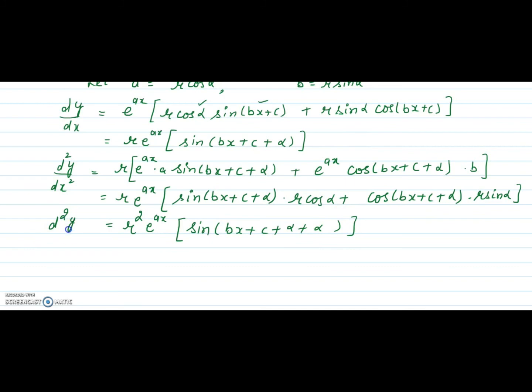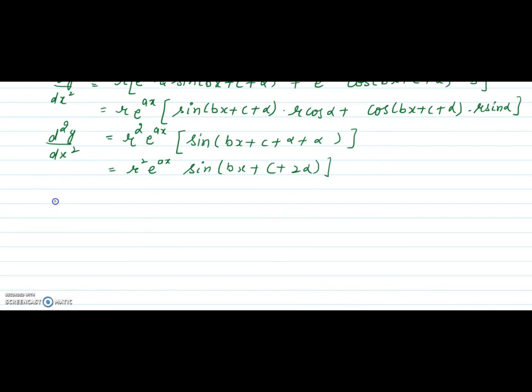So the second order derivative is equal to r square e raised to power ax sine of bx plus c plus 2 alpha. Can we generalize this now?